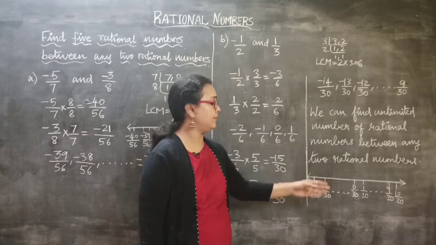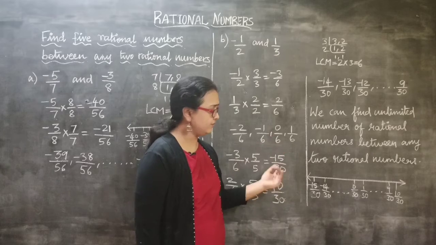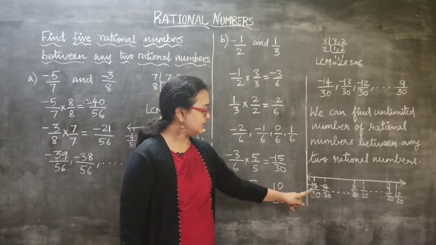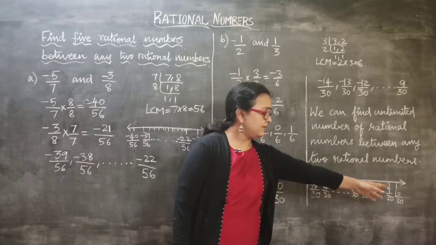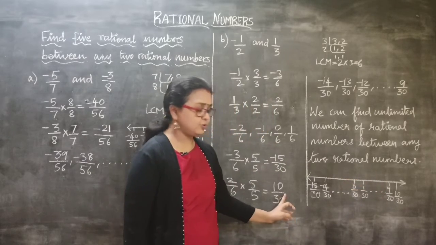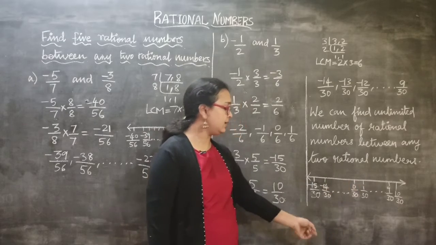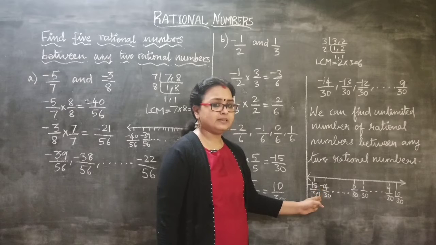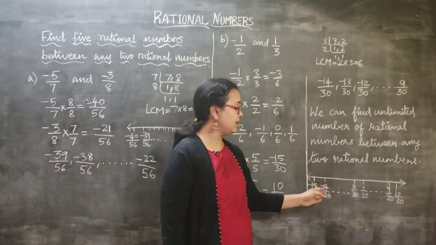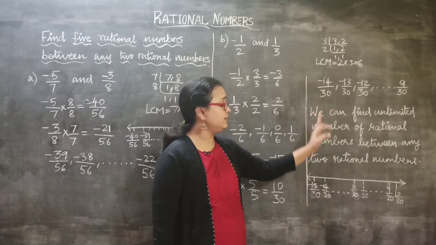How it has come, I will just show you here with the help of the number line. So minus 15 by 30 is here the first number, and the last number, if you see, is 10 by 30. That is a positive number. That's what I have represented here. Before this, towards the right hand side, if you see, minus 14 by 30 will be the number, right? So that is the number which I have written, and so on.